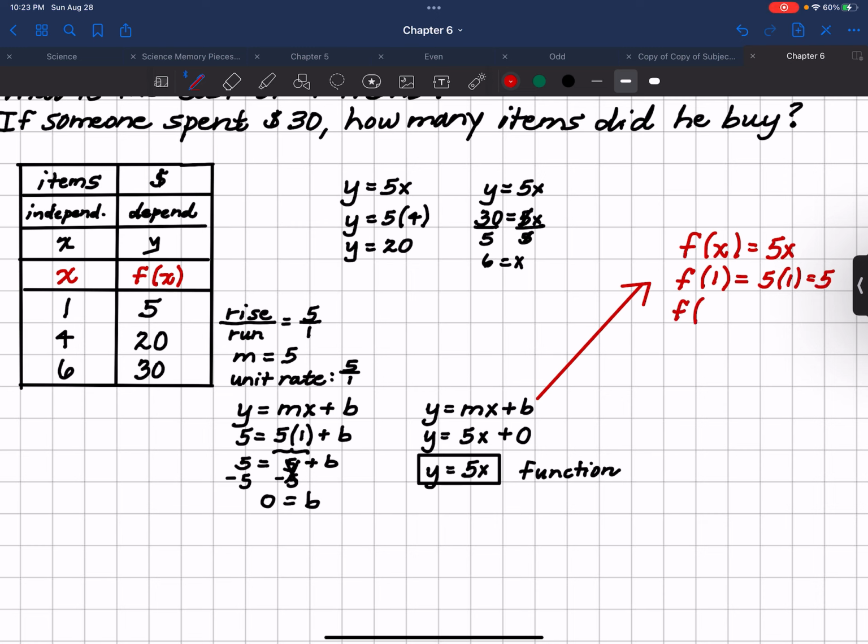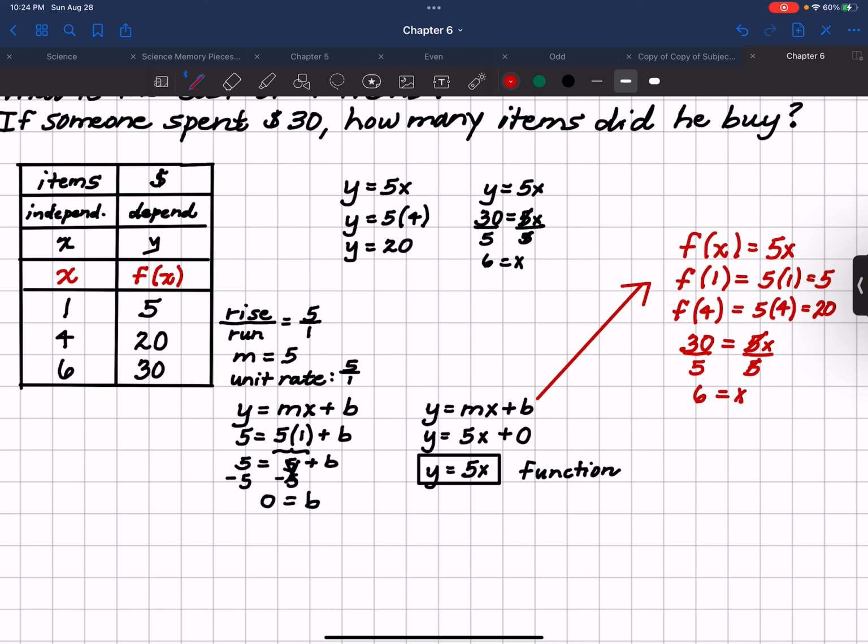When x becomes 4, 5 times 4 is 20. When this is 30, 5 times x, we solve for x, and x is 6.